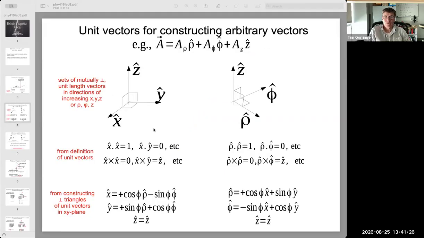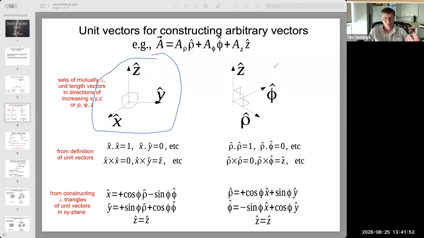Okay. In rectangular coordinates, we introduced unit vectors x, y, and z that were of length 1 and were mutually perpendicular to each other. I've sketched them over here on the left. In cylindrical coordinates, we also have 3 unit vectors.